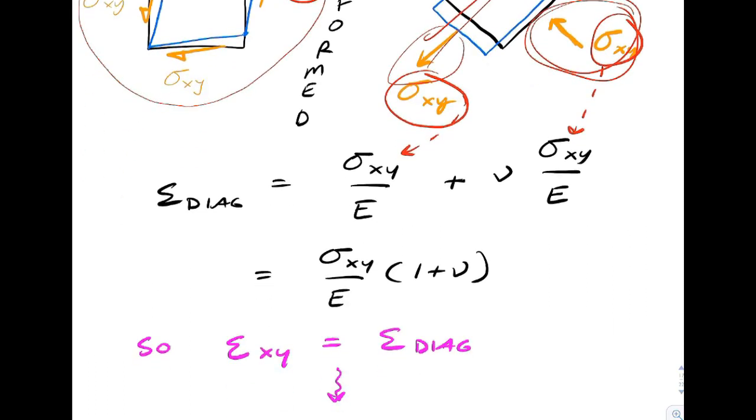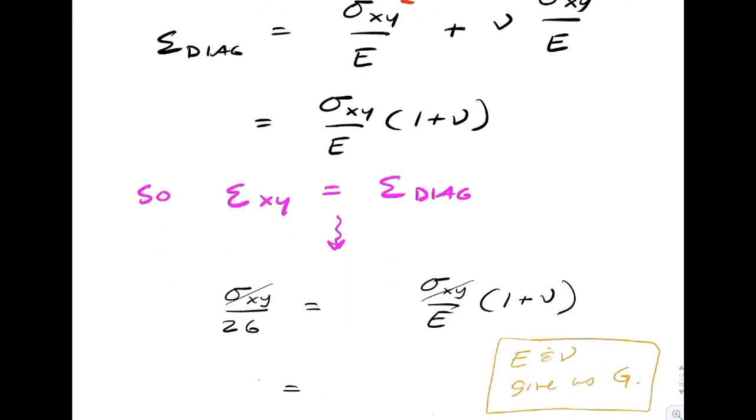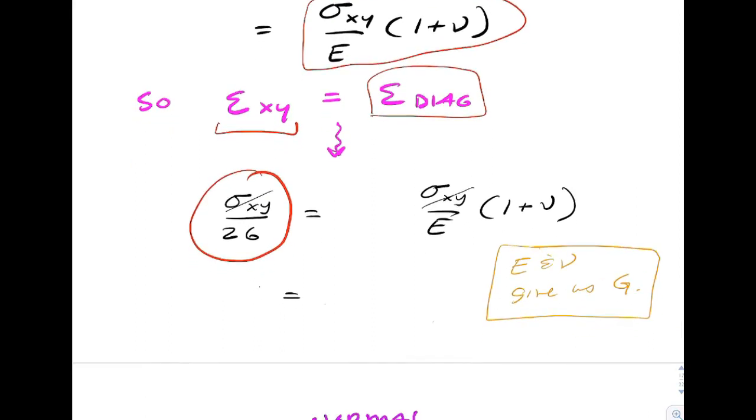And so I just simplify on the right-hand side, and I just set them equal to each other. There's an expression for epsilon diagonal. And so epsilon xy is going to be sigma xy divided by 2G, and epsilon on the diagonal would be given by this expression. So set those equal to each other. Sigma xy cancels, and we end up with our relationship between E, G, and Poisson's ratio.